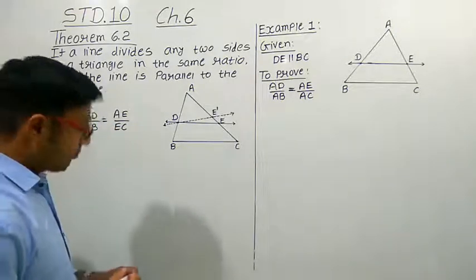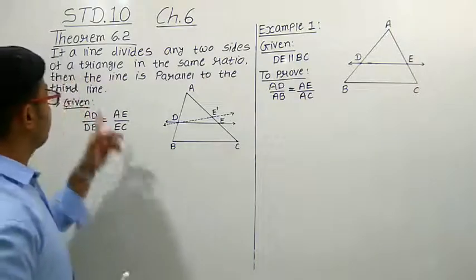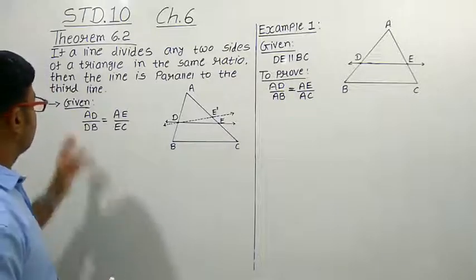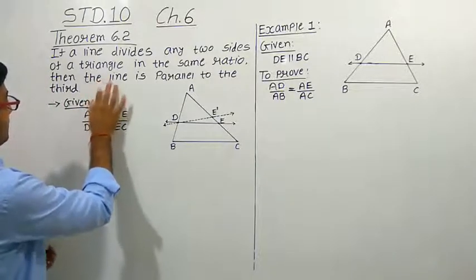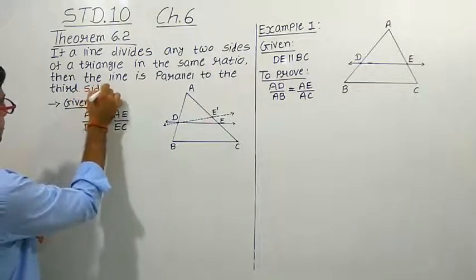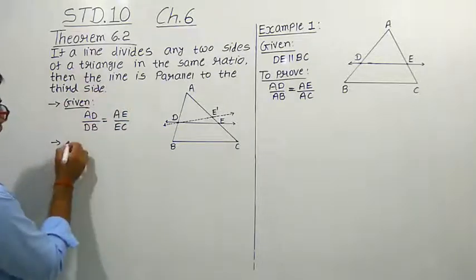Now here we cannot say that DE is the parallel line, that is what we have to prove. We have to prove that the line is parallel to the third side of the triangle.